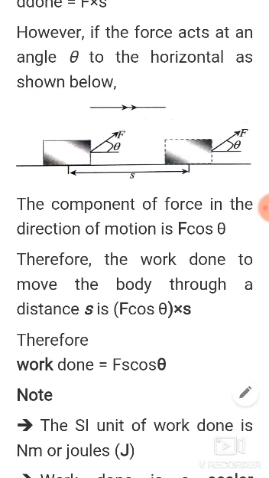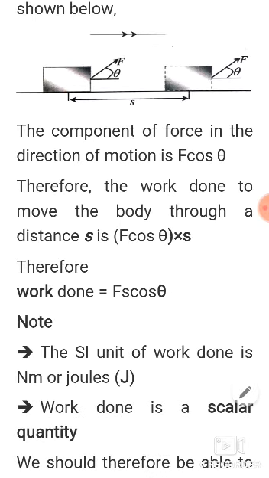Of course, everyone should know this: the unit is joules, or you can take it as newton meter. Newton, because the force being applied is in newtons, then meter, because the distance covered is in meters. F in newtons and S in meters, so newton meter.